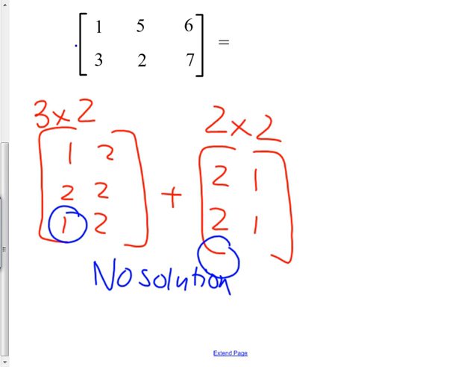They have to be the same size. This is also important because tomorrow when we multiply matrices, we actually can multiply matrices of different size. You add them the same size, has to be the same number of rows and the same number of columns. Good question.